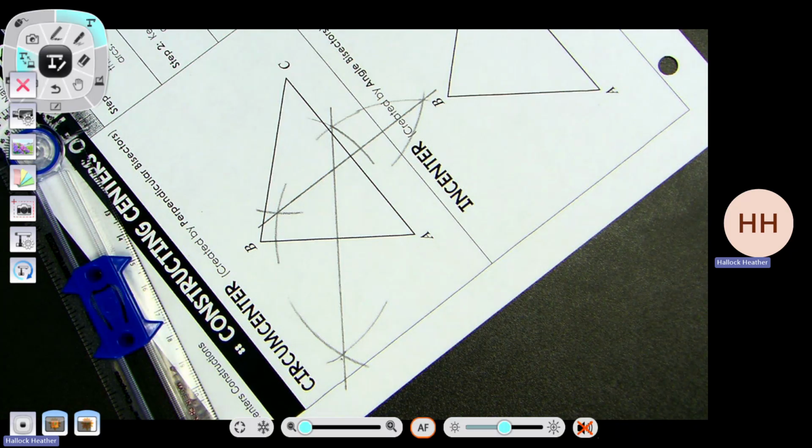When they went to cross, you just extend it a little bit. You have a point there. Now, the whole point of this is to find where the two lines cross.